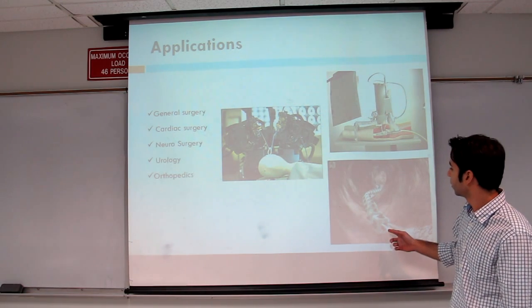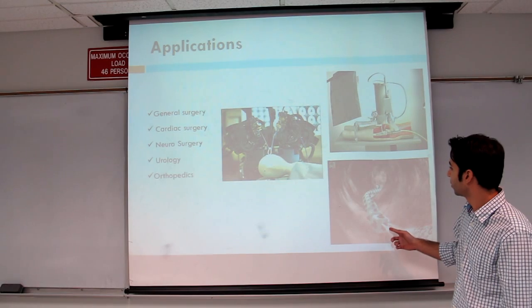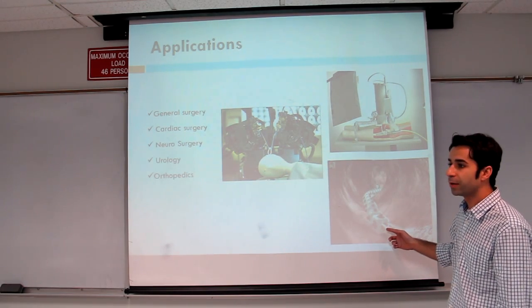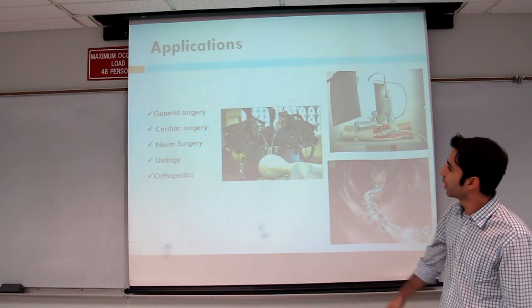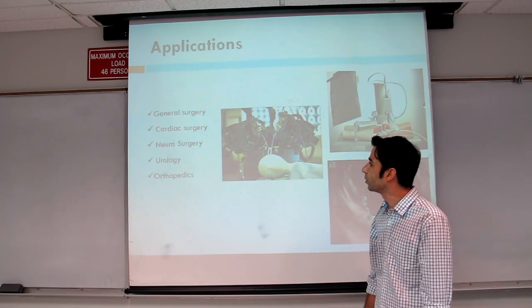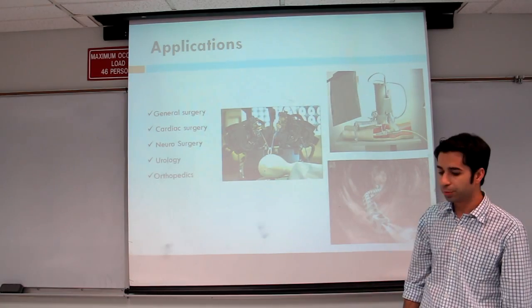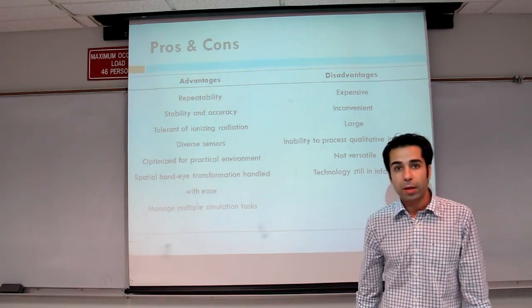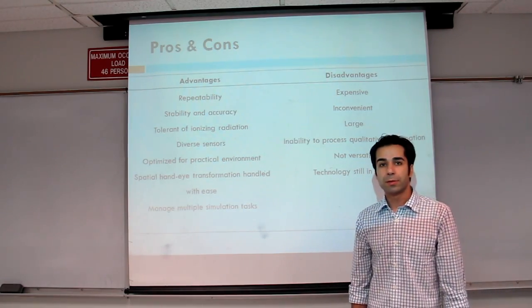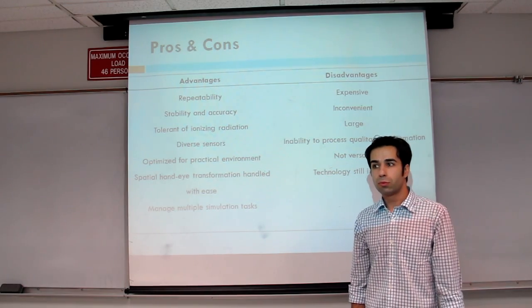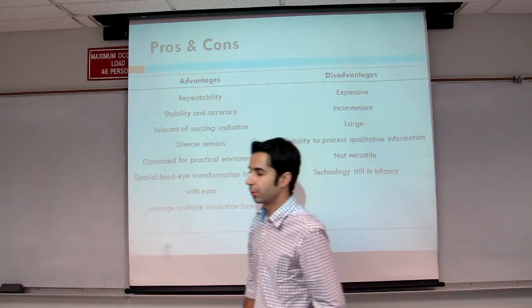Here we can see the robot which is taking pictures from inside of the vein, used in cardiac surgery, and this picture shows the application of the robot in neurosurgery, which is guiding a probe through the brain. Now we're going to talk about the pros and cons of using robots, which Hadi will explain to you.